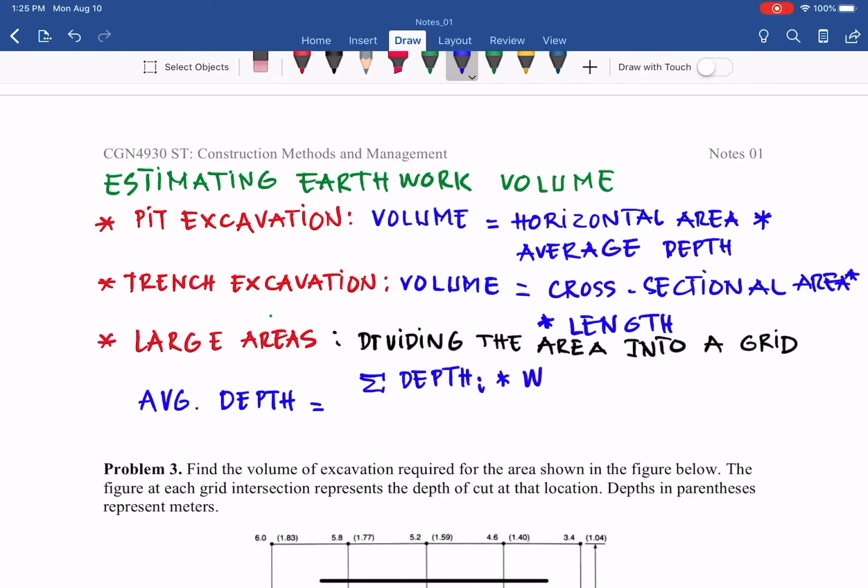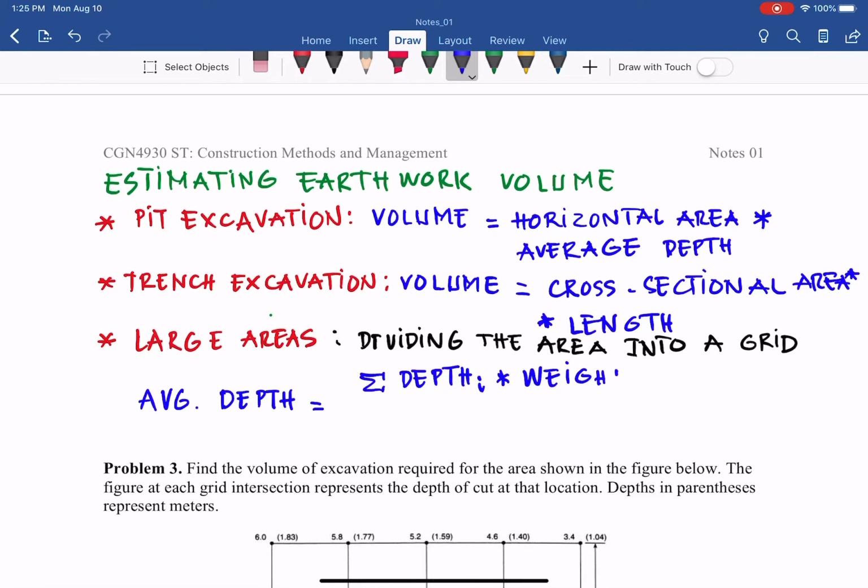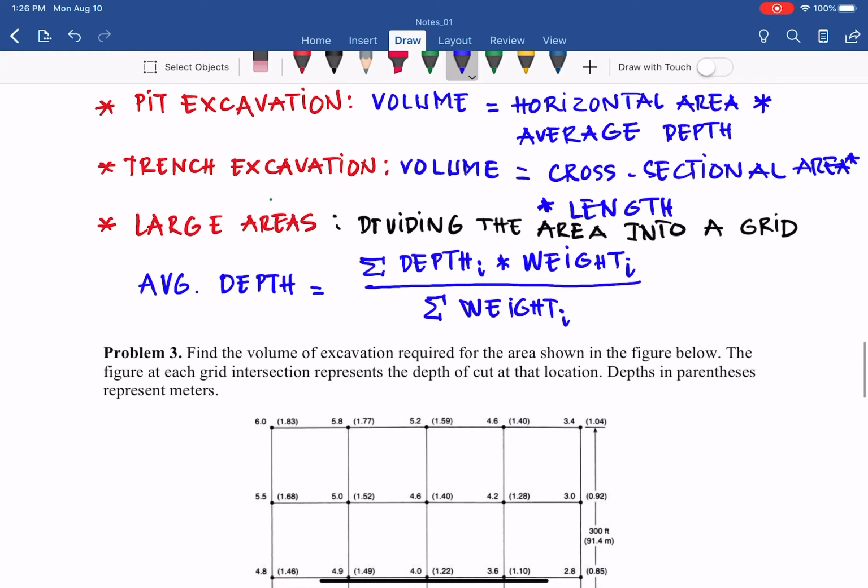How we determine the weight, I will show in problem 3, and divide by the sum of all the weights for all the points that we have. So it is the sum of products, the depth at a certain location times the weight of that location, divided by the sum of all the weights for all the points that we have.